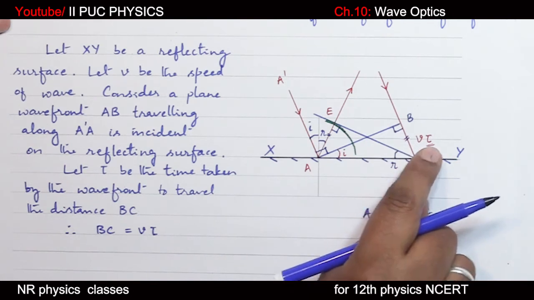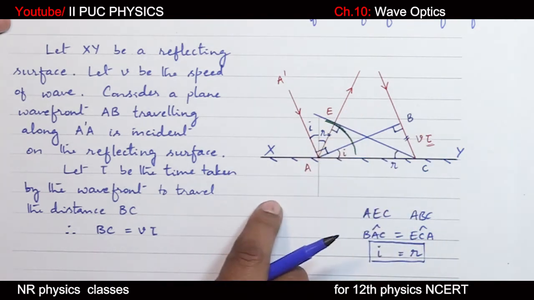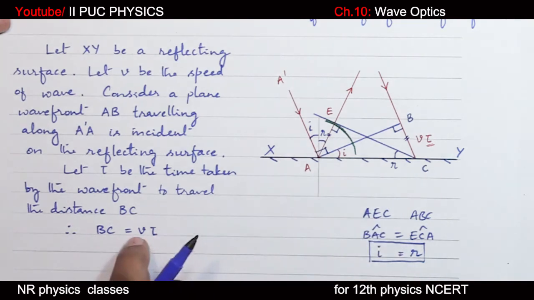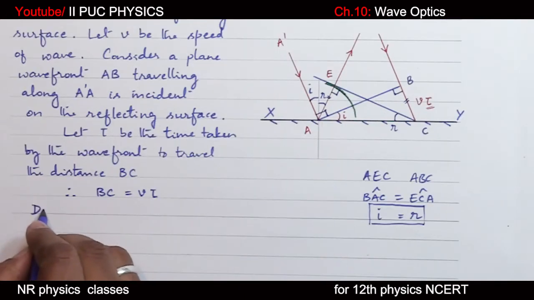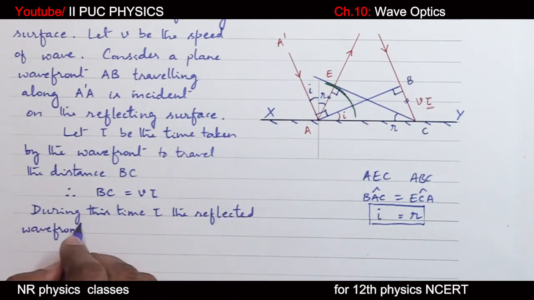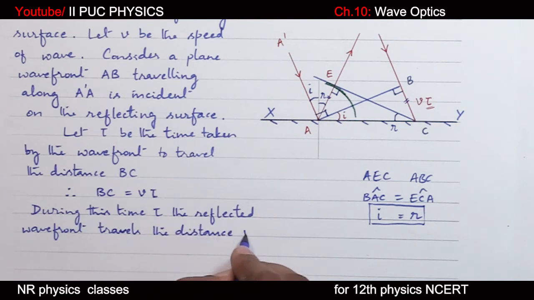During this time tau, light is reflected from A, and the distance traveled by light from A is also equal to V tau. The reflected wavefront also travels the distance V tau.